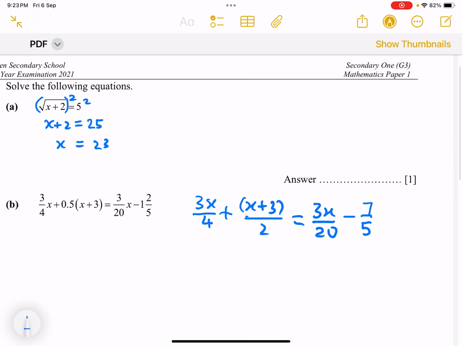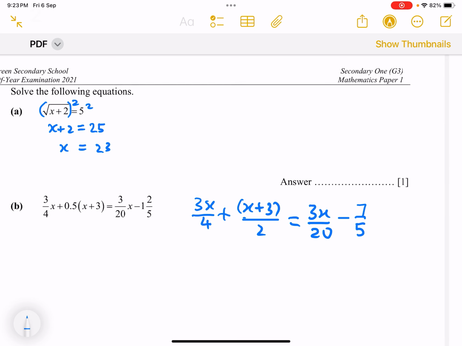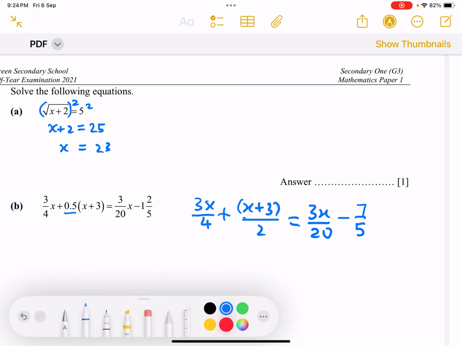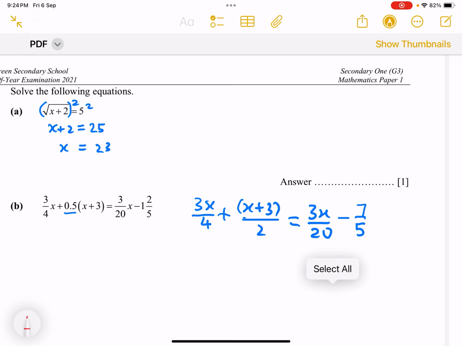Okay, the next one is an equation. And well, I have written the 0.5 as divided by 2. Right, this is a more useful way of writing. All the x terms put in the numerator. And how to solve this? We multiply throughout by the LCM. Right, the LCM is 20. So we multiply throughout by 20.